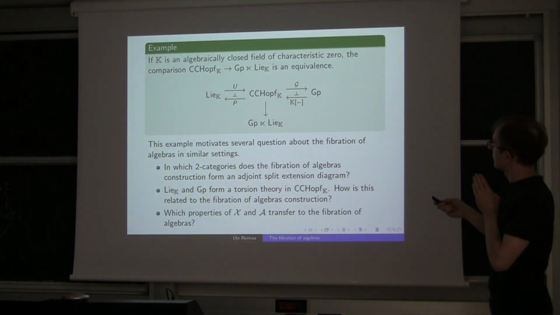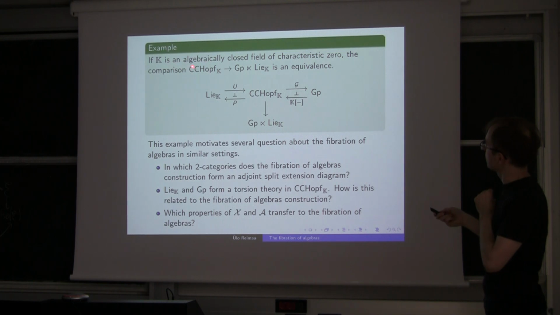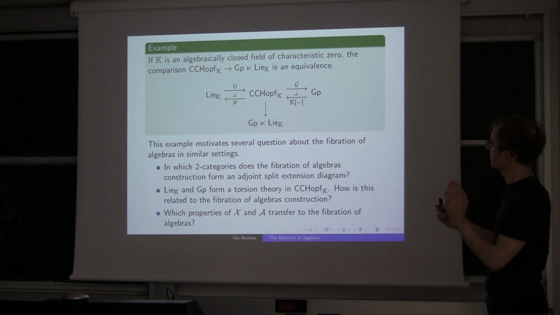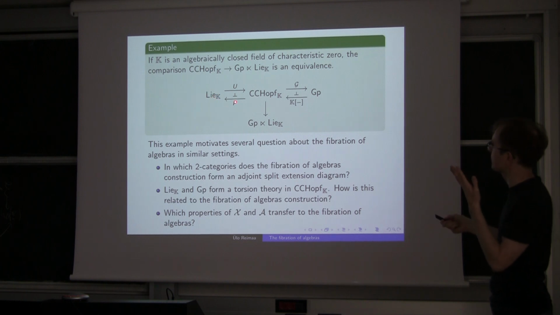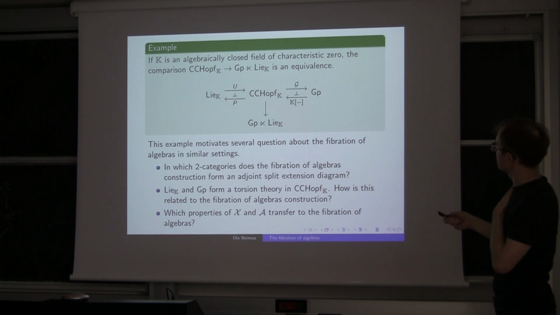So the category of cocommutative Hopf algebras over an algebraically closed field of characteristic 0 has attached to it this kind of structure, this kind of diagram, where we map from the Hopf algebras into Lie algebras via the primitive elements and into groups by taking the group-like elements, and this will turn out to be monadic.